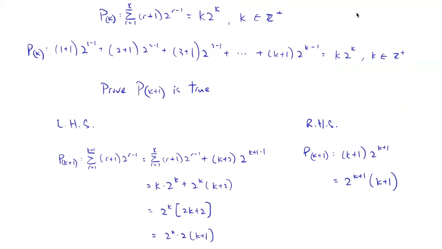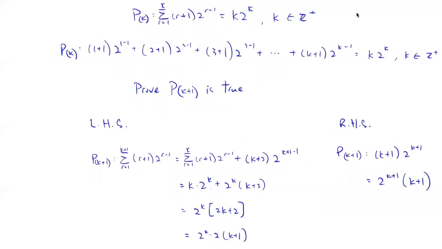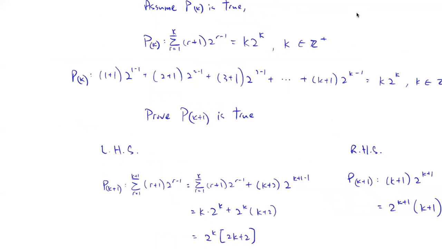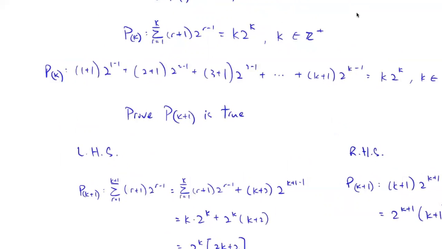There's the left-hand side and the right-hand side. In this case, the easier part is the right-hand side because it's only this expression. This is Pk, this is Pk plus 1. Therefore, k becomes k plus 1 here. k becomes k plus 1 here. Done. And in the left-hand side, we have to use the substitution technique.